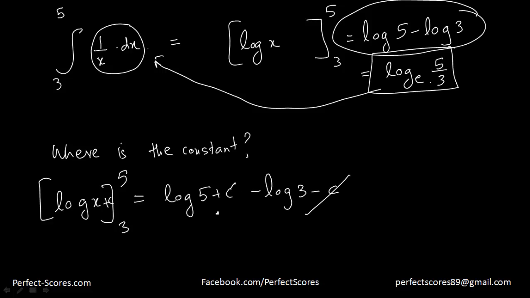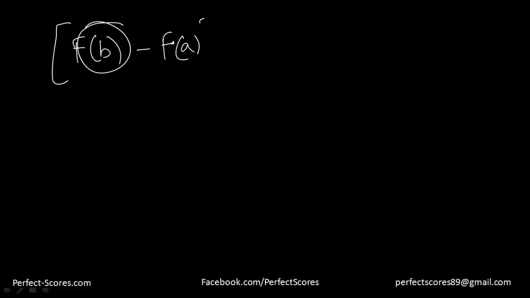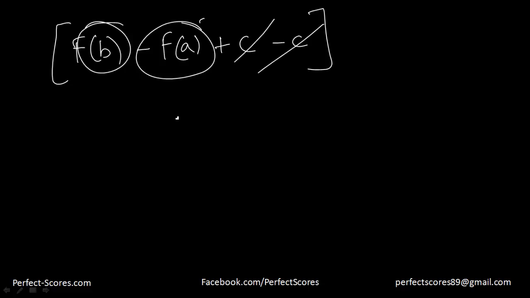So this c and this c always get cancelled out. Even if you check it here, I have to find F of b minus F of a. So this will give me a plus constant, and this will give me a negative constant, and the constants will get cancelled out. So the constant gets cancelled out when we find the value of the definite integral.